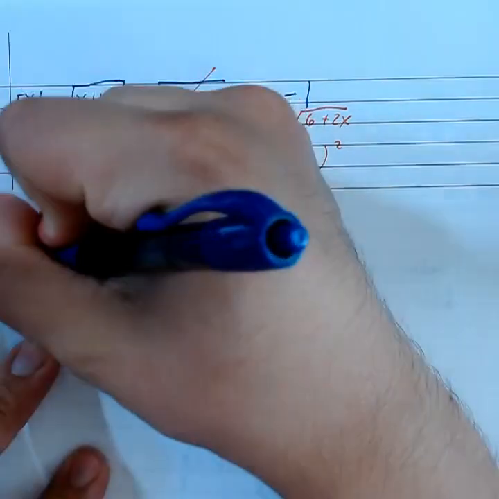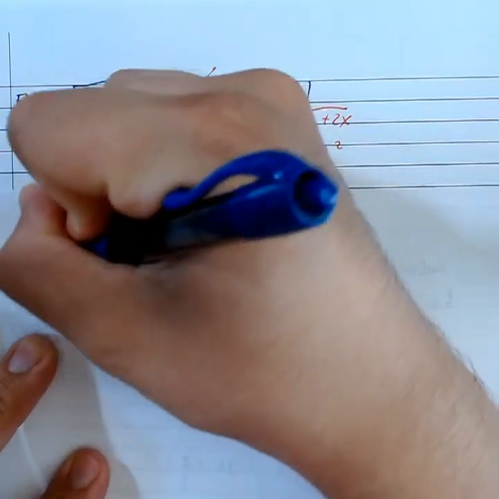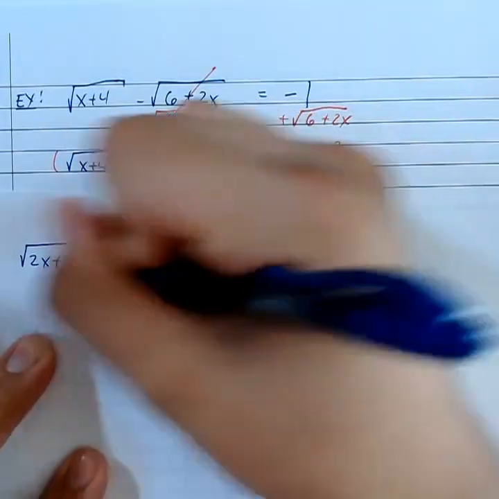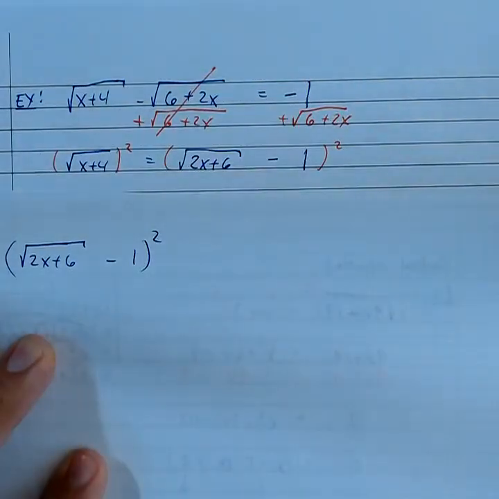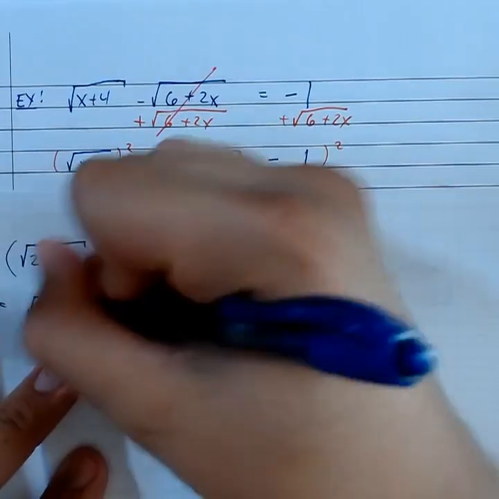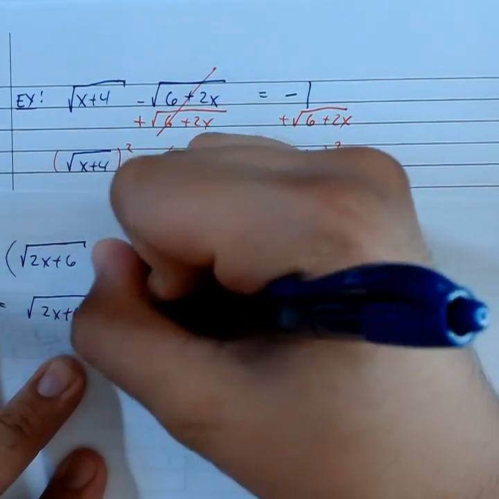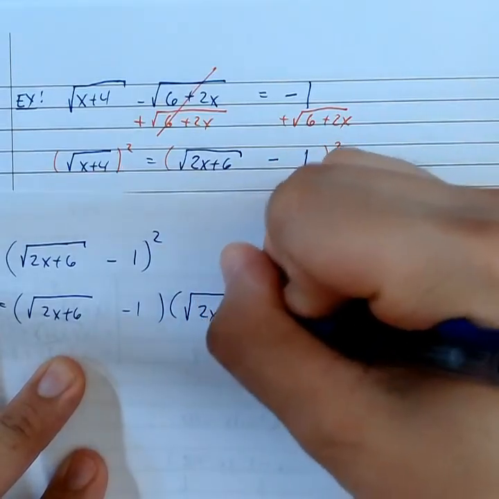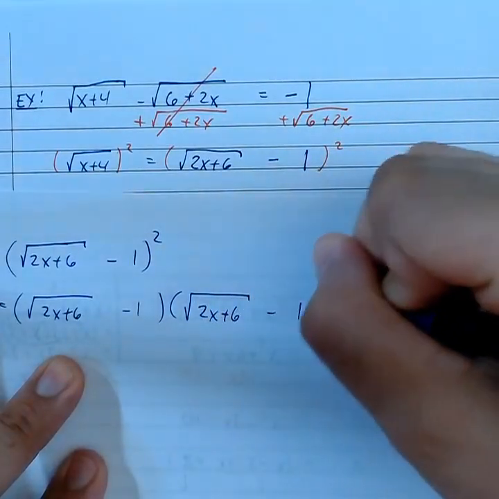If I take the square root of 2x plus 6 with minus 1 on the outside of the radical, and I square it, that means I'm going to take the square root of 2x plus 6 minus 1 times another copy of itself, the square root of 2x plus 6 minus 1.